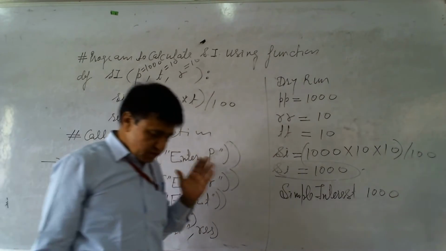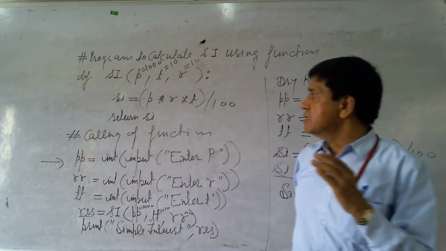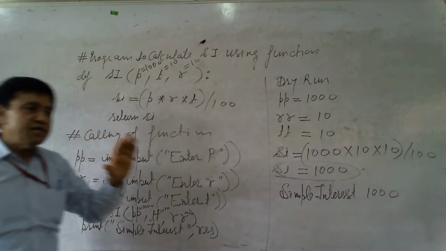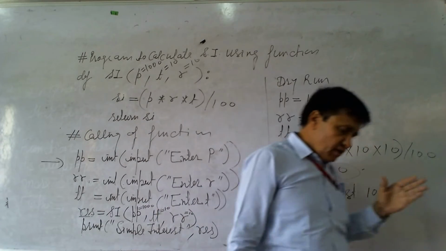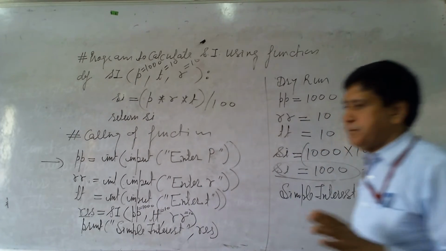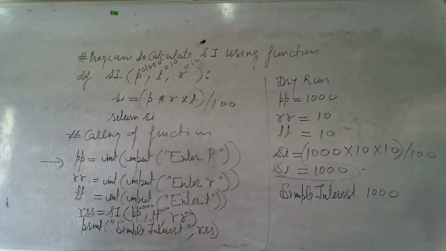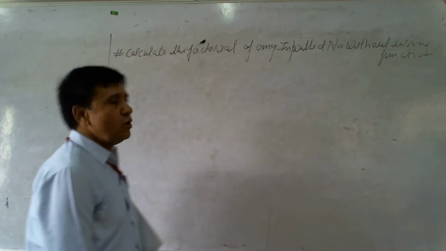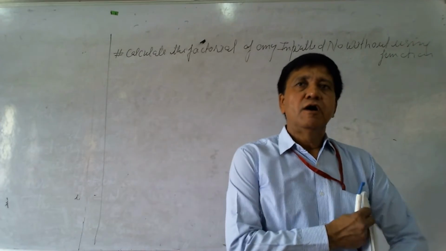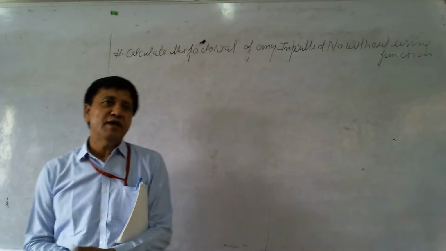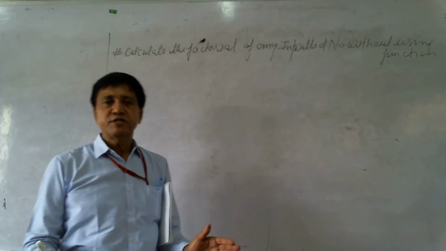This is one example of how to use functions. See, the feature of this program is that once you have defined this function, you can call it as many times as is required in your program. Now I will discuss another example. I will discuss a program to calculate the factorial of any input number without using functions.